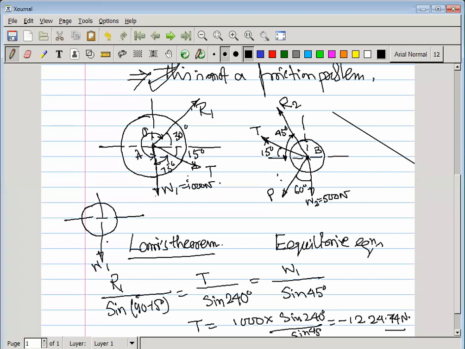This is your W1 and only this direction you need to change. Nothing to worry, only this one, T, in the opposite direction. Others are the same. And this is 30 degree. Okay, so this is the final free body diagram. Clear? We only have to change the direction, in this direction only. Is it clear?